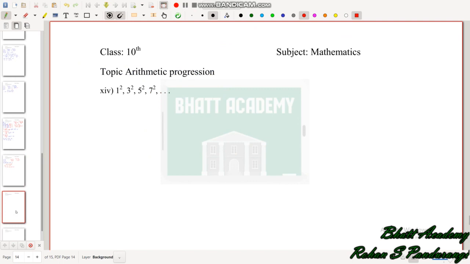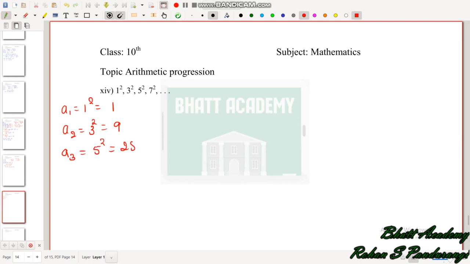So now, going to the next problem, 1 square plus 3 square plus 5 square plus 7 square and so on. So we'll write: a1 is 1 square, which is 1, a2 is 3 square, that is 9, a3 is 5 square, that is 25, a4 is 7 square, that is 49. So let us satisfy the conditions. First condition is a2 minus a1, so 9 minus 1, which is 8.